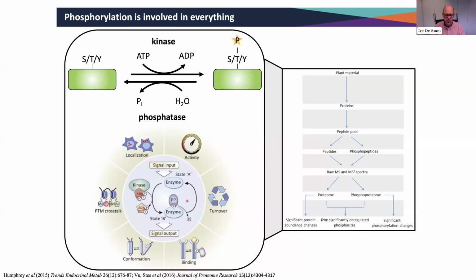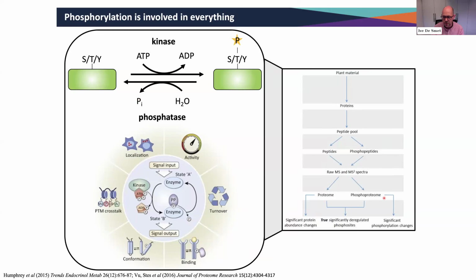So a little bit more than a decade ago, when we started this work, we spent some time on coming up with a workflow to capture and enrich these phosphorylated proteins, and then look for proteins that are phosphorylated and changes that are really due to an alteration in kinase and phosphatase activity, and not necessarily through a change in protein abundance.